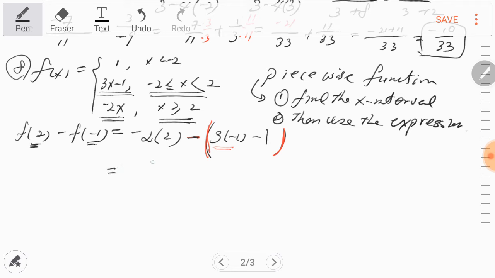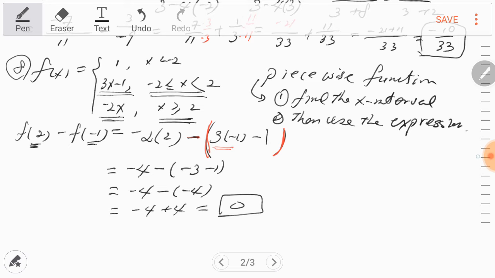So that is equal to what? -4 minus -3 minus 1. So -4 minus -4, that is equal to -4 plus 4 is equal to 0. So 0 is the answer.